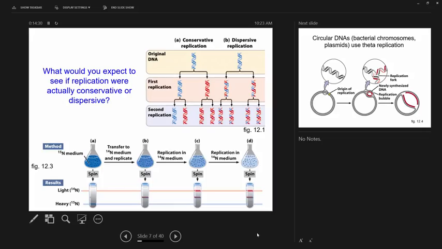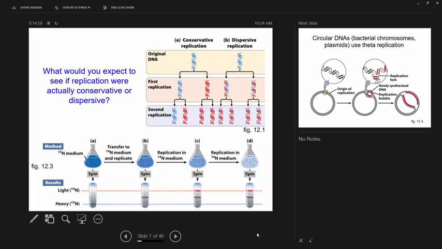After one generation, you have this heavy nitrogen replicated into these two. And remember, the new DNA, the red or orange DNA, is all light nitrogen. So what would you expect to see at this spot if conservative replication had actually happened?